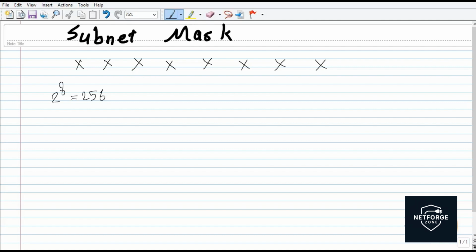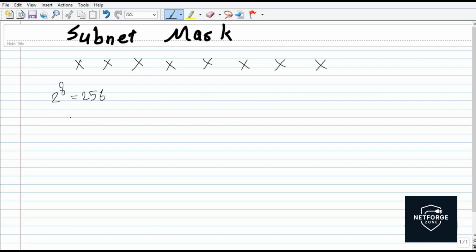Okay, now if I want to put all of my devices in one section, I can have, for example, 256 devices in one section, and all of them can ping each other. All of them can talk to each other.